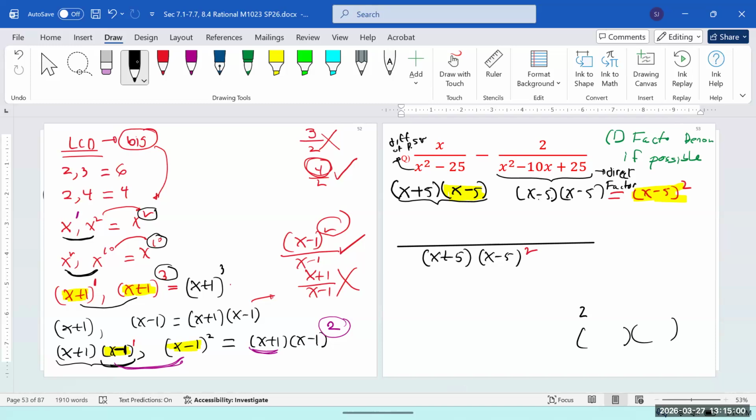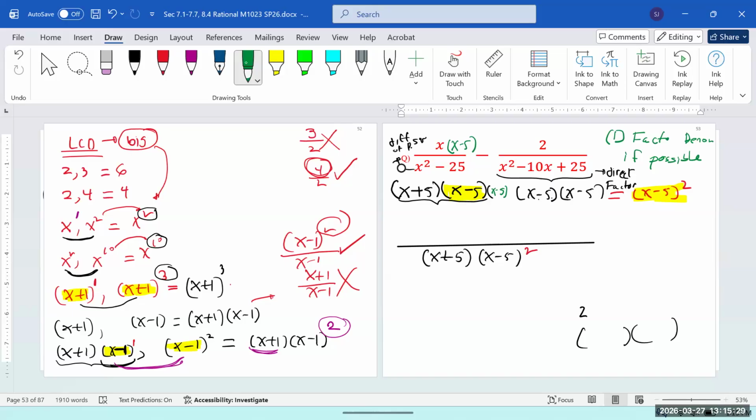But our LCD says how many x minus 5 we want? 2 of them. So are we missing anything on the first denominator? What is missing? One more x minus 5. So let's squeeze it here. X minus 5. Multiply top and bottom by whatever you need. We need one more x minus 5, so multiply that.